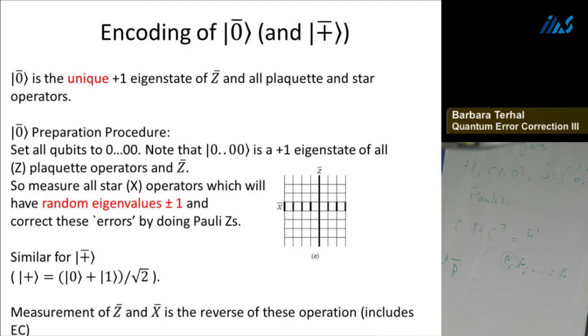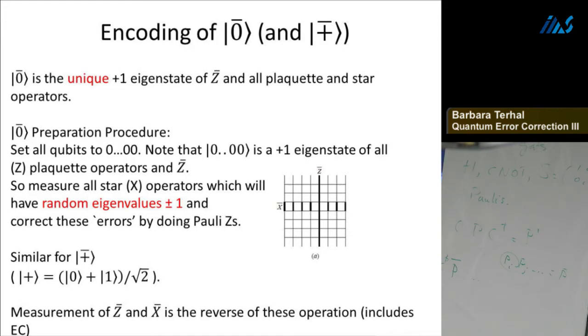So what we do is we prepare all qubits in the state 0, and we note that all 0 is already a +1 eigenstate of all plaquette operators and the logical Z, just by definition. So we're sort of halfway there.